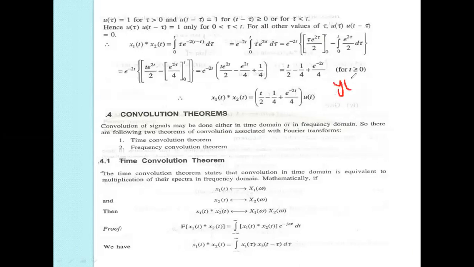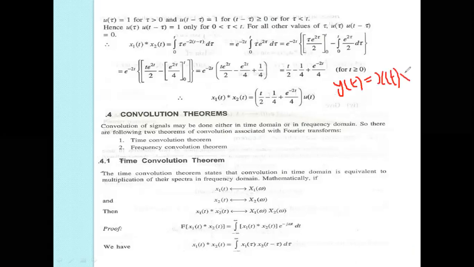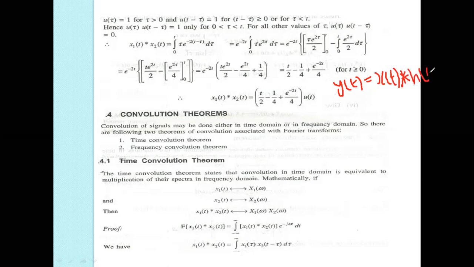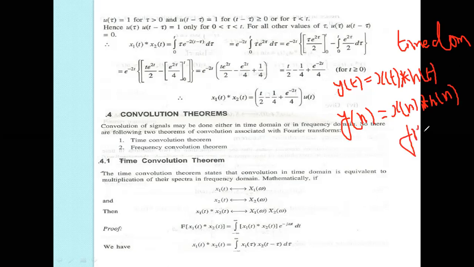The formula is y of t is equal to x of t convolved with h of t, the time domain function, and y of n is equal to the convolution of x of n with h of n, the frequency domain function. Okay, convolution of signals may be either in the time domain or in the frequency domain.